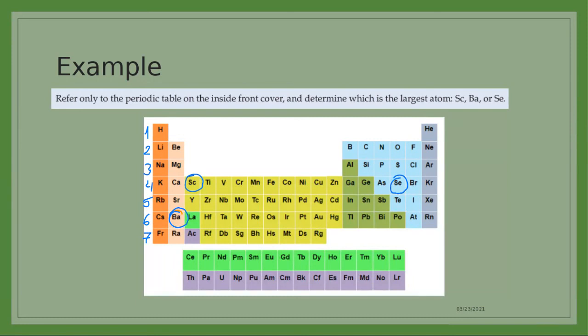By using your information about atomic radius, which I said in the last slide, from up to the bottom and from left to right, changing atomic radius, think about barium, scandium, and cerium.